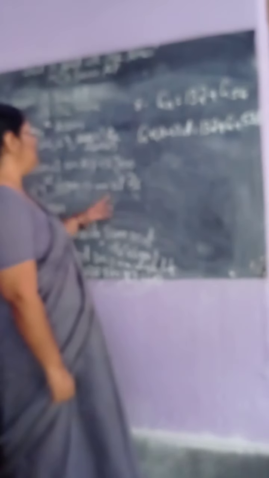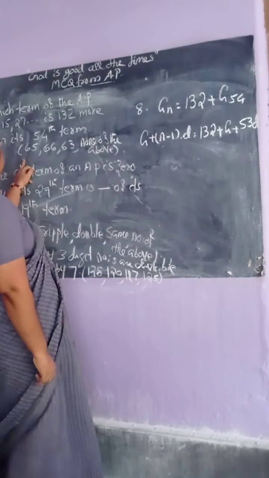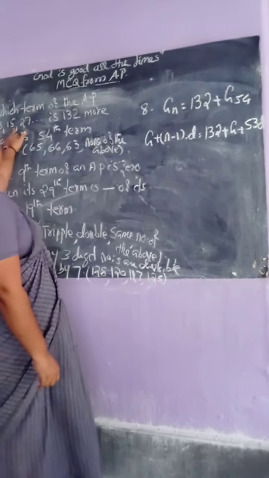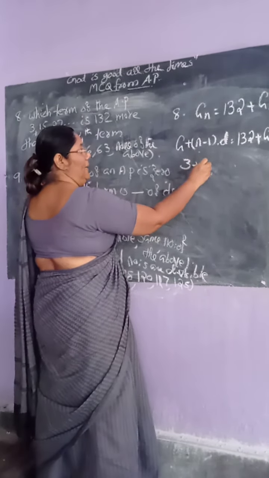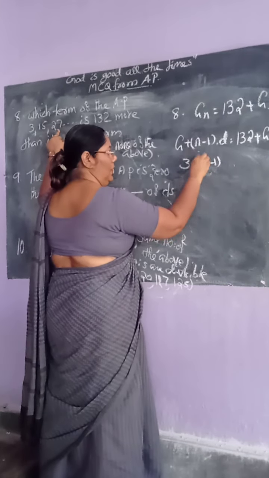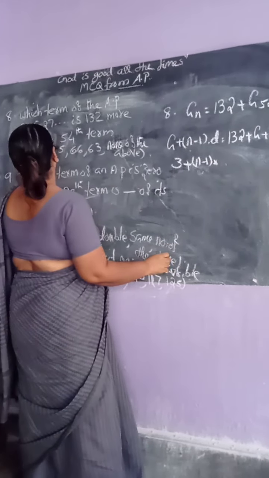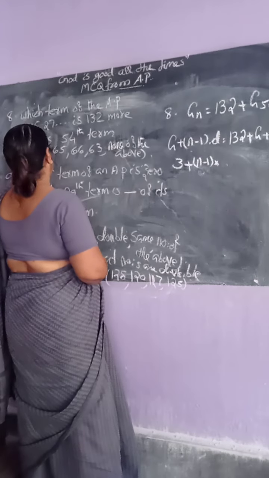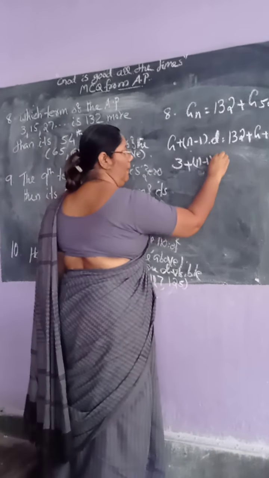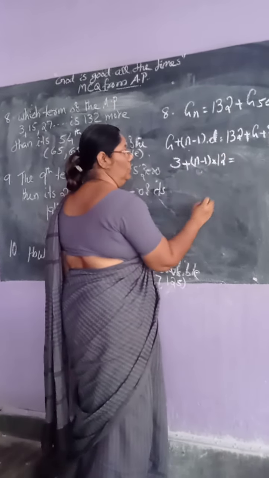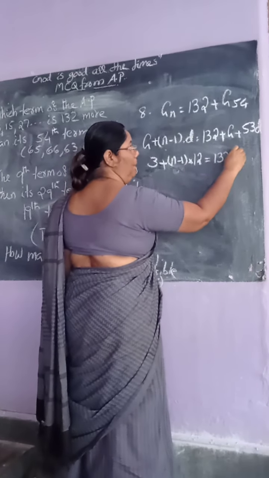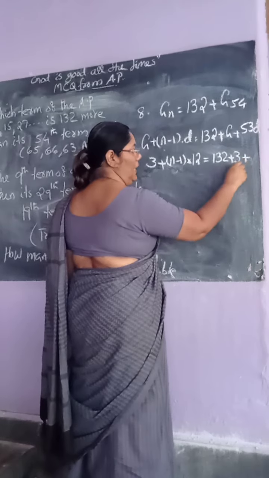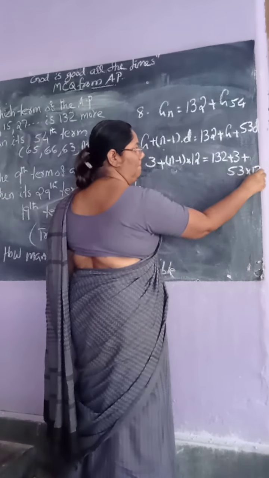Understand? Then substitute. What is the series given? 3, 15, 27. 3 plus N minus 1 into, what is D? Look at the board, yes, 12, isn't it? 12 equal to 132 plus 3 plus 53 into 12.